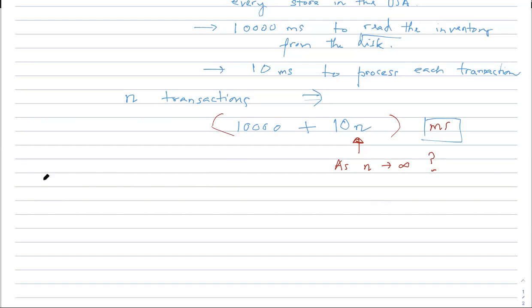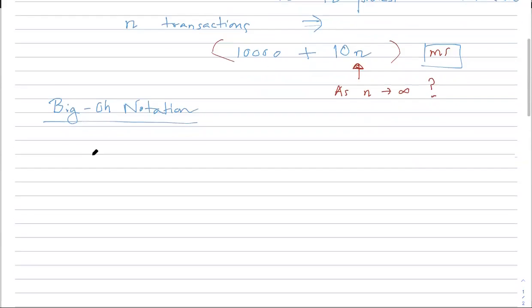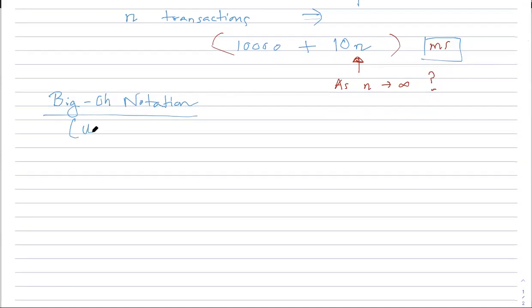Therefore, we have to introduce some formal notions here. So let's define some terms. The first term I would like to define is what is called big O notation. Big O notation represents the upper bound.